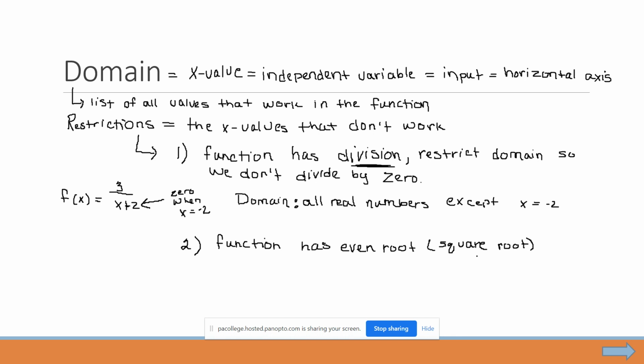And in this case, we need to restrict the domain so we don't take the square root of a negative number.